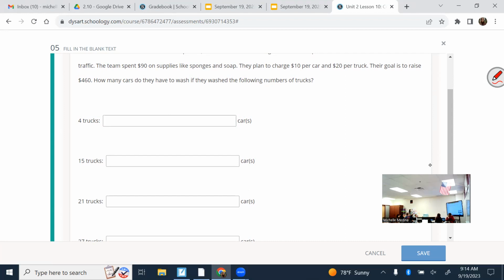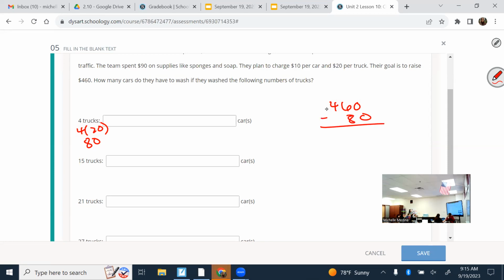But I've seen students say, okay, well, if there's 4 trucks and they charge $20 per truck, that would be $80. And then let's see. Yeah, they want to raise $460, and I don't know if that includes the 90 that they already spent or not. So let's see.